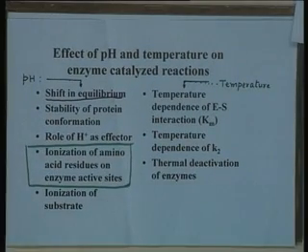The third effect of temperature on the enzyme catalyzed reactions is the deactivation of enzymes. Just like in the case of pH effects, the deactivation of enzyme by temperature is also mediated by an inactivation process. That means, as long as you are keeping the temperature in the environment of the reaction within a closed range, the enzyme may be functional.